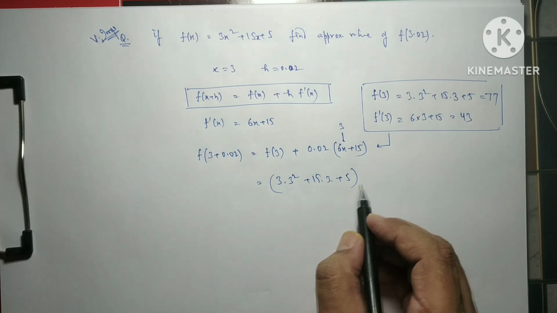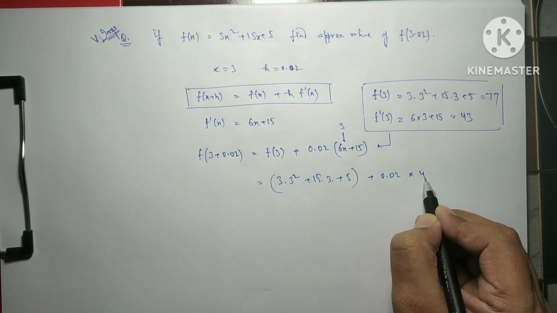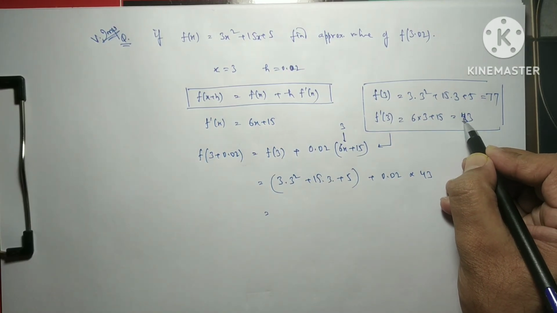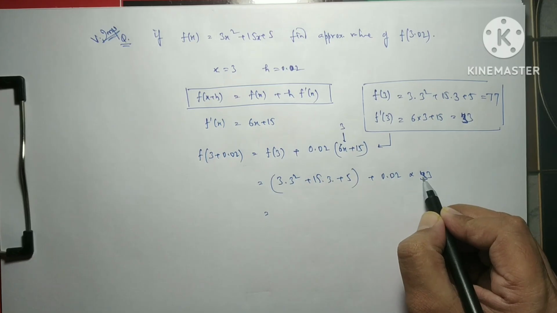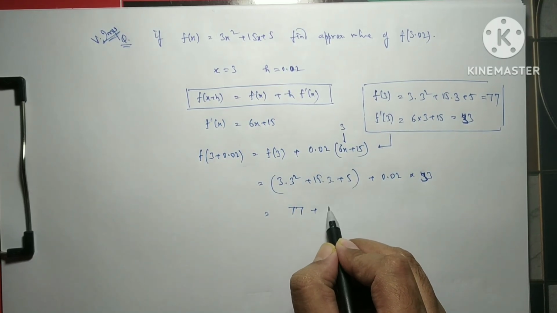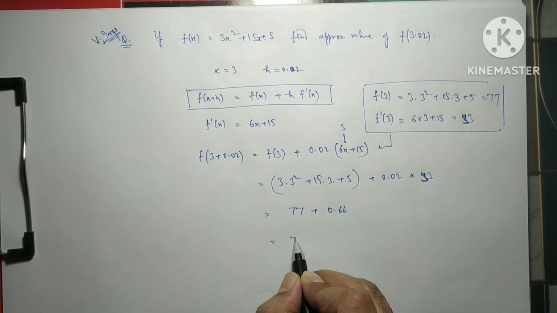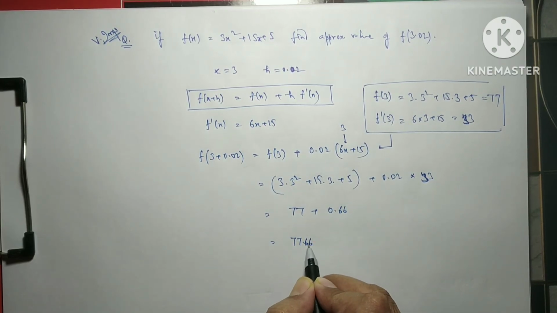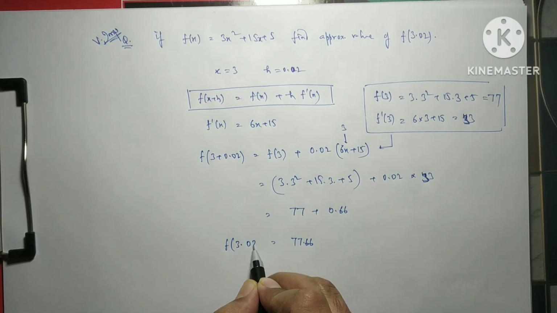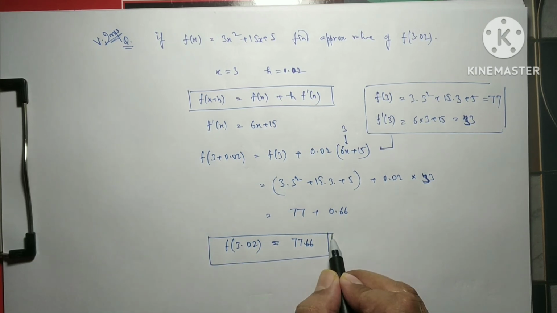You get this plus 0.02 into 33, sorry, it is 33. So this is 77 plus 0.66. So the answer is 77.66. This is the value of the function at 3.02. So this is the answer.